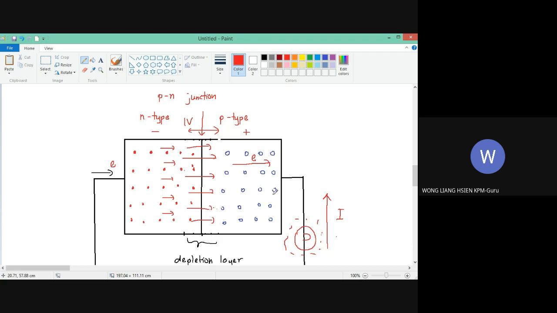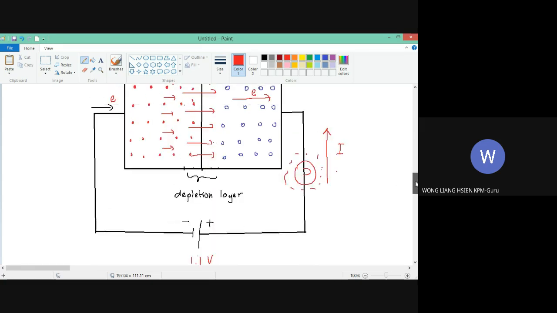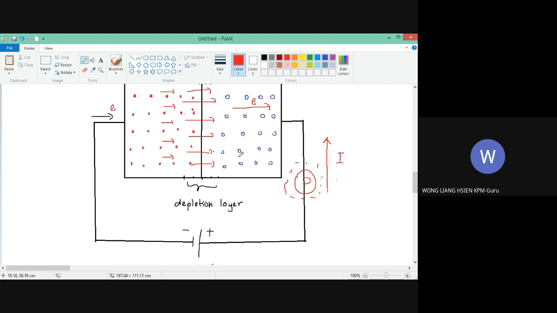This is the flow of electron. This is the flow of current. The hole represents positive charge, so the hole flows in the opposite direction to the flow of electron. So the direction of flow of the hole is the same as the current.